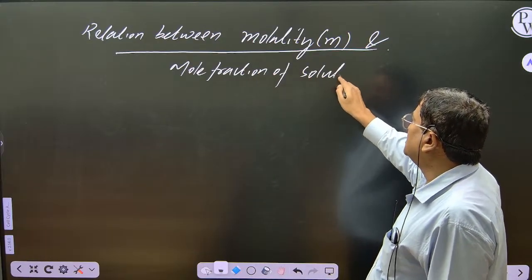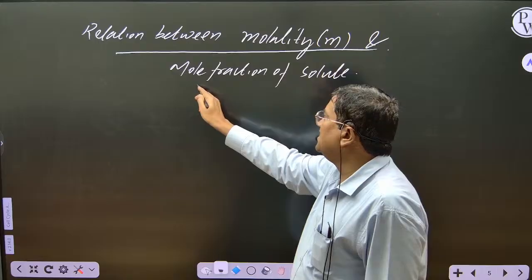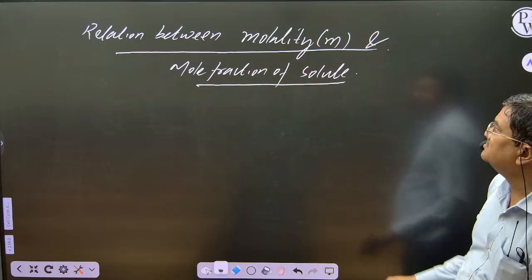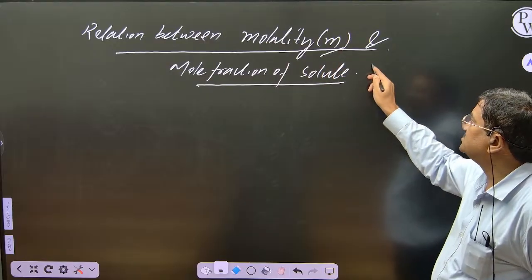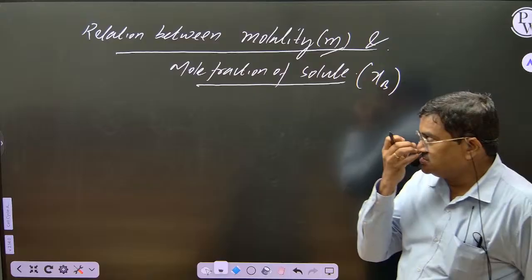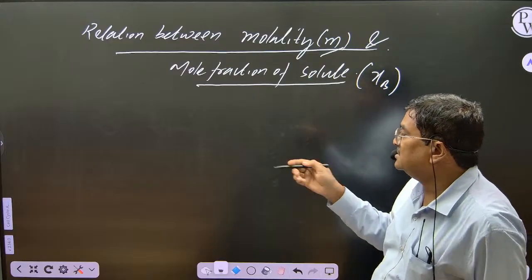So this is important from the exam point of view. They are asking the relation between the molality. Molality is shown with a small m. Mole fraction of solute we generally show with chi B. So see, students, in this there is one relation. What is that?